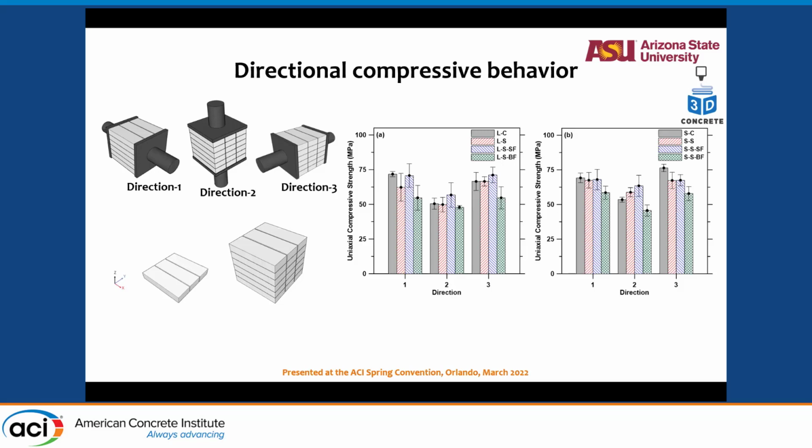Direction 2, because it has much more of both interfilament and interlayer joints, consistently shows higher strength. Some people call it XYZ. That's fair enough. I have difficulty doing X, Y, and Z because it's a cube. X, Y, and Z could be anything. Right? So I just say direction 1, 2, and 3 to make sure that we are not confusing different things.